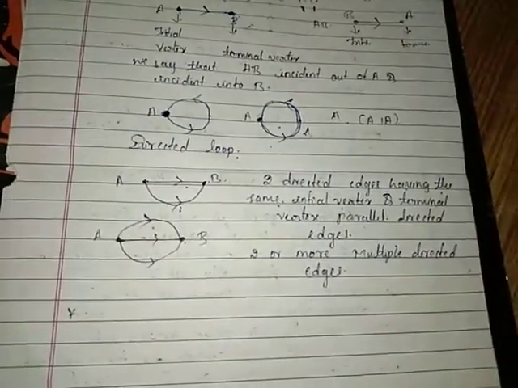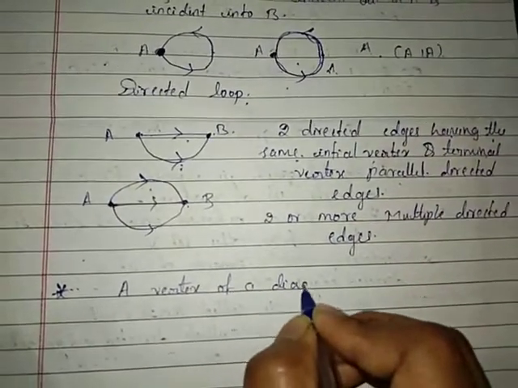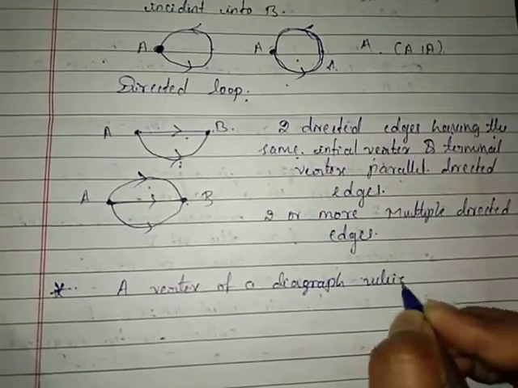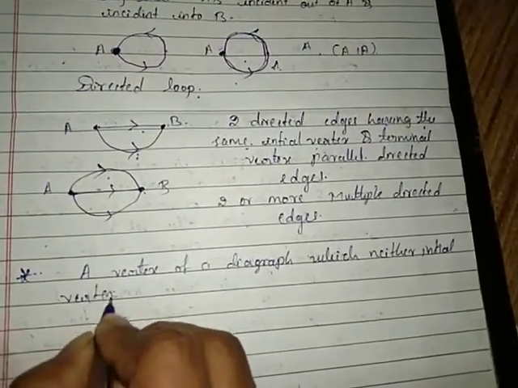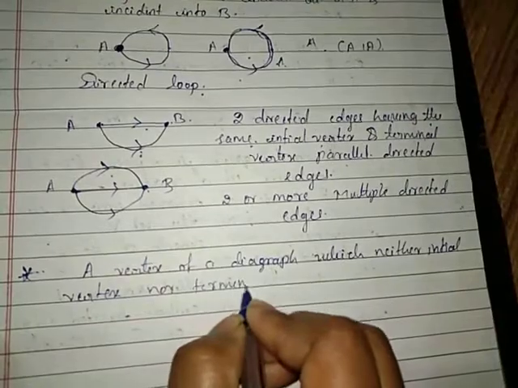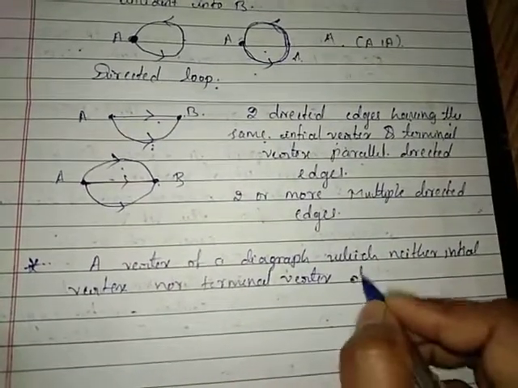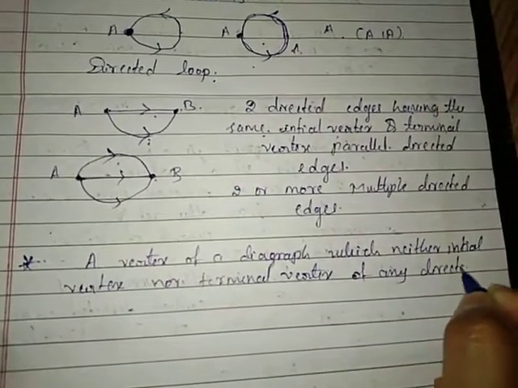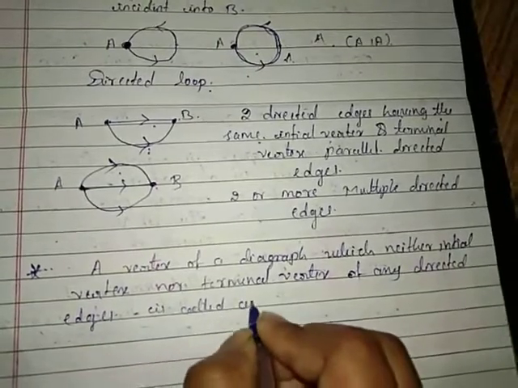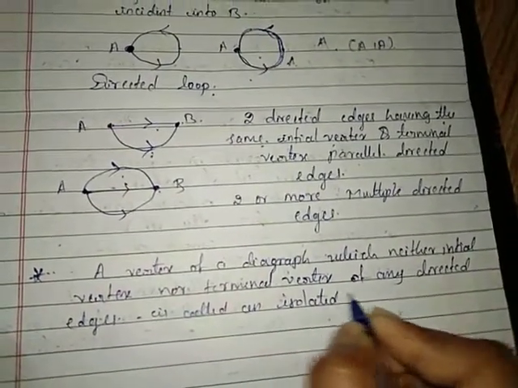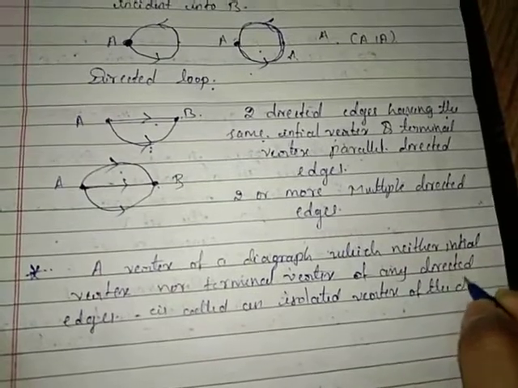Next, come to the next point here. A vertex of a digraph which is neither an initial vertex nor a terminal vertex of any directed edges is called an isolated vertex of the digraph.